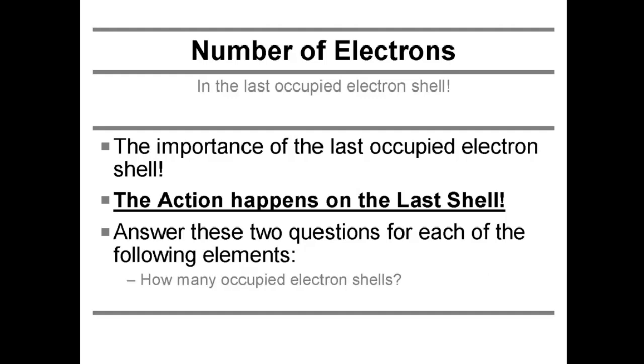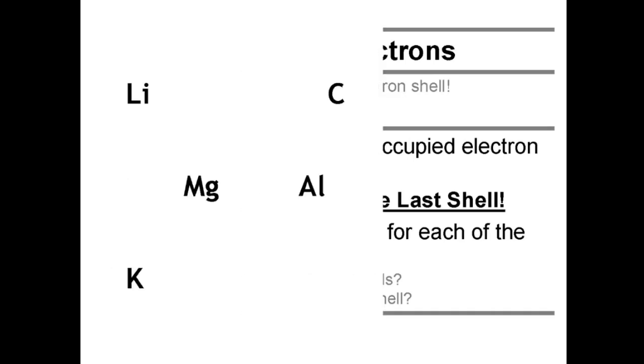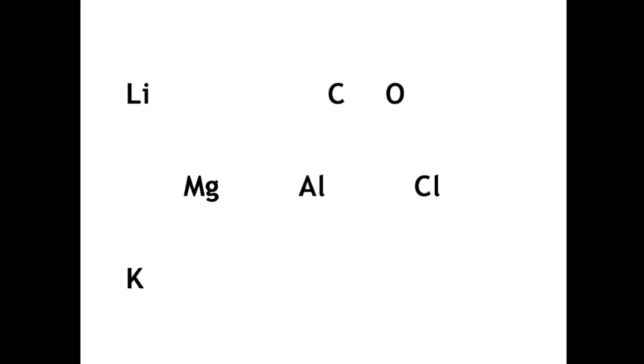How many electron shells are around the nucleus? The big ones, they're actually occupied. They have some kind of an electron floating around on there. That's your first question to answer. And then how many electrons are in the outermost, the last shell of these occupied shells? All right, ready? Here we go. Little exercise. Here I have them all.